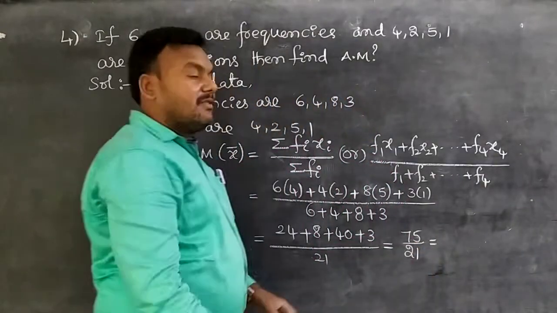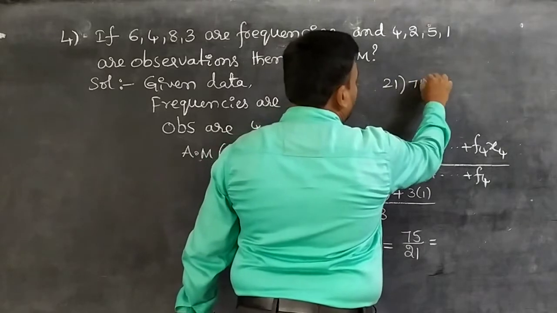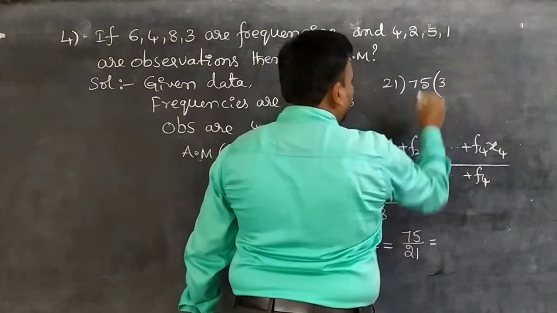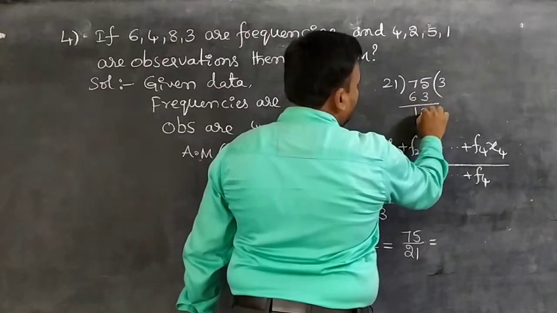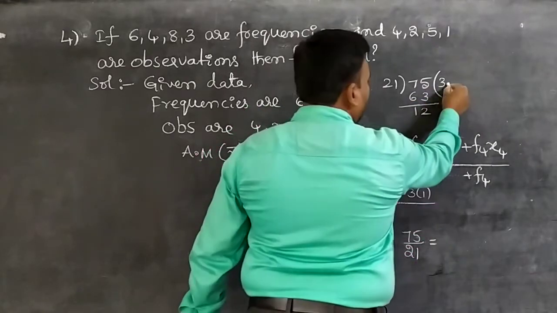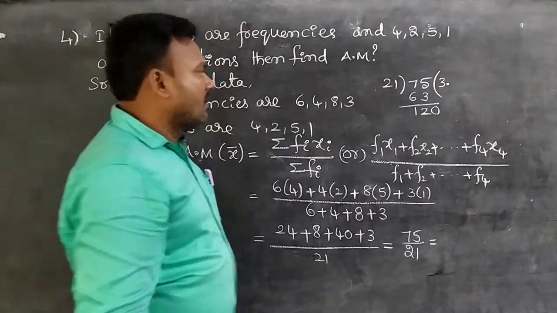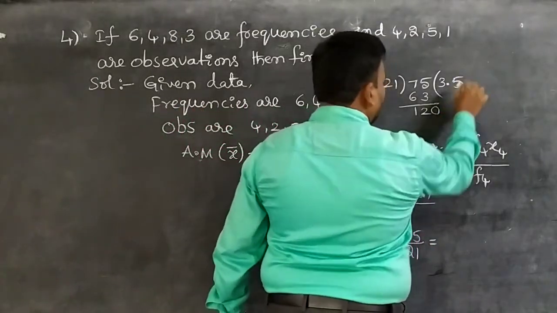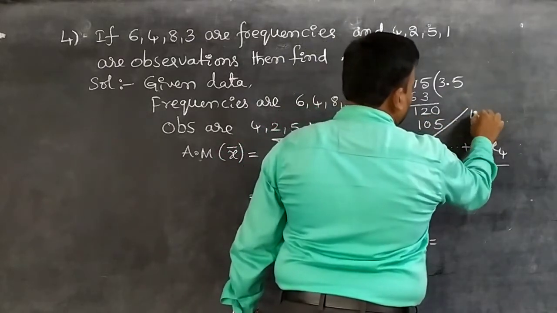Take the division process, students. 21 into 75: 3 ones are 3, 3 twos are 6, so it becomes 12. Put a decimal point, then take 5: 150.